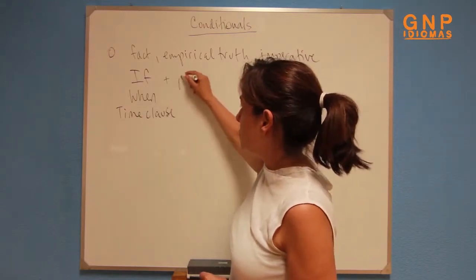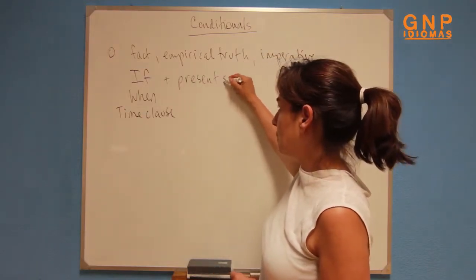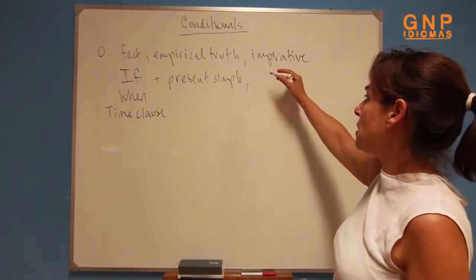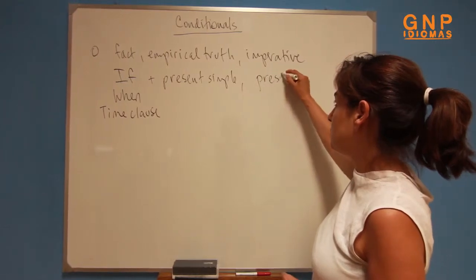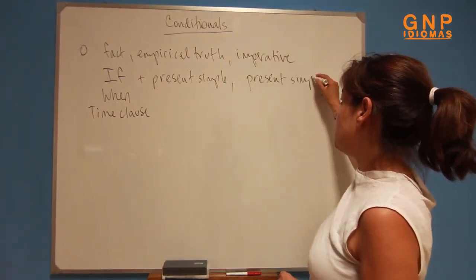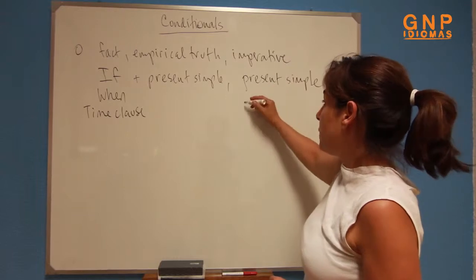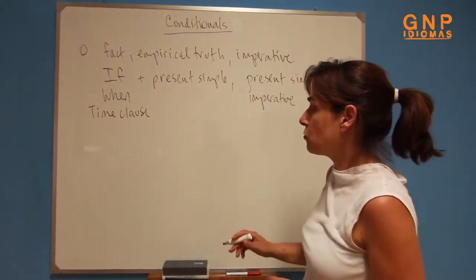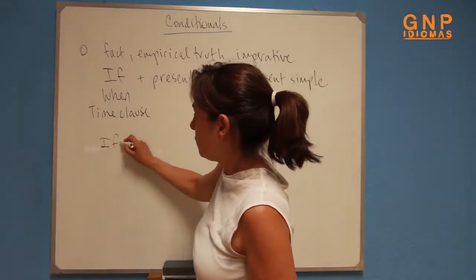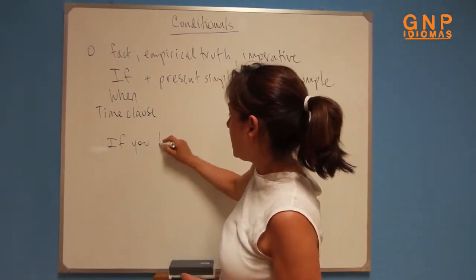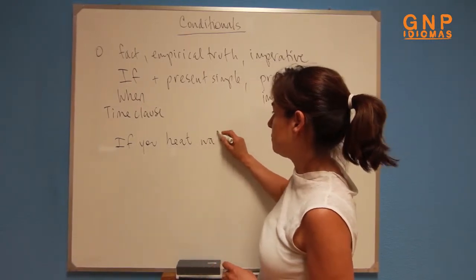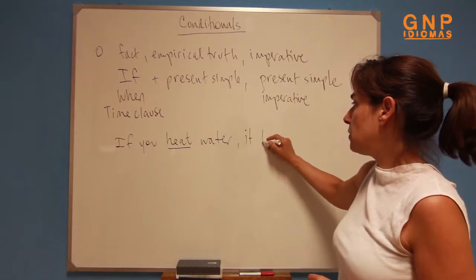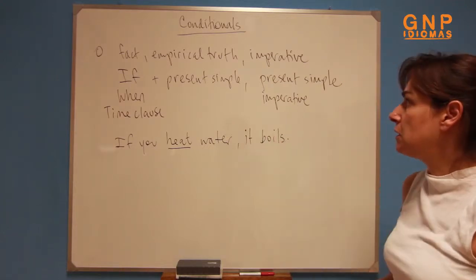If with a present simple, and in the other part of the sentence we have another present simple, or an imperative. An example of an empirical truth would be: if you heat water, there is your present simple, it boils.